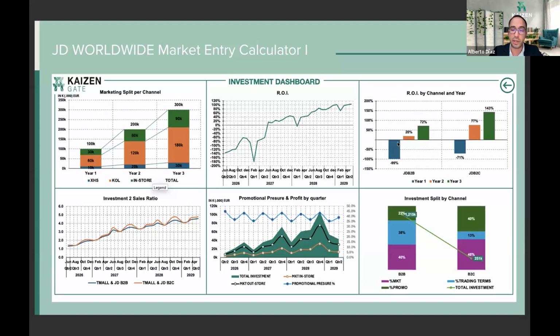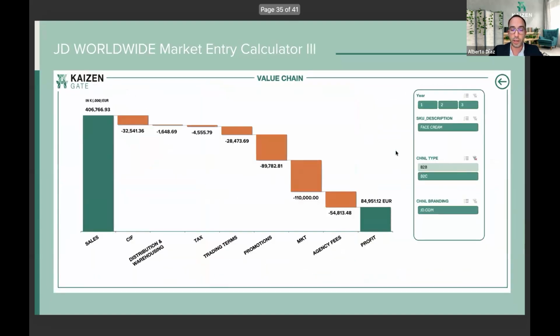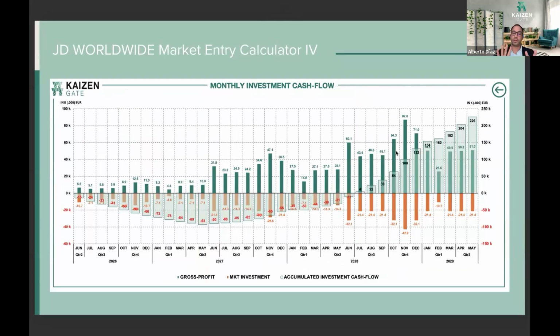As you can see, channel ROIs in the first year are typically negative, and the cash flow curve typically operates with runways of sometimes 9 to 18 months, so about a year as well, to pick up.